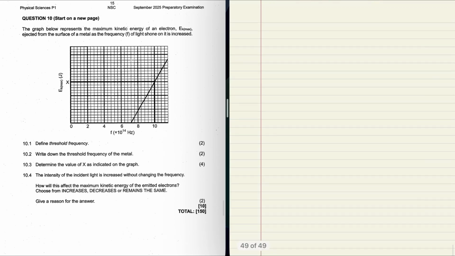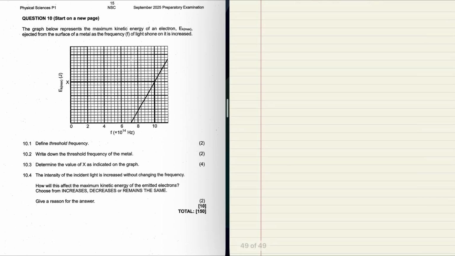Lastly, question number 10. The graph below represents the maximum kinetic energy of an electron, Ek max, ejected from the surface of a metal as the frequency f of light shone on it is increased. Question 10.2, write down the threshold frequency of the metal. So what we're looking for is the x-intercept. So we need to figure out what this value is right here. We can see that the interval going from 6 to 8 is 2.